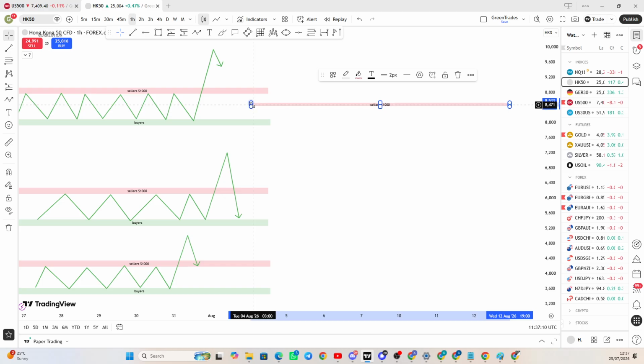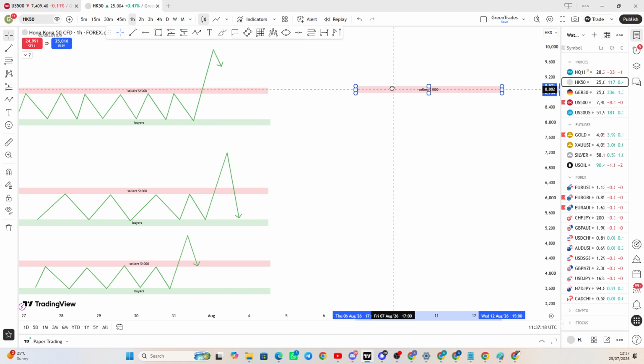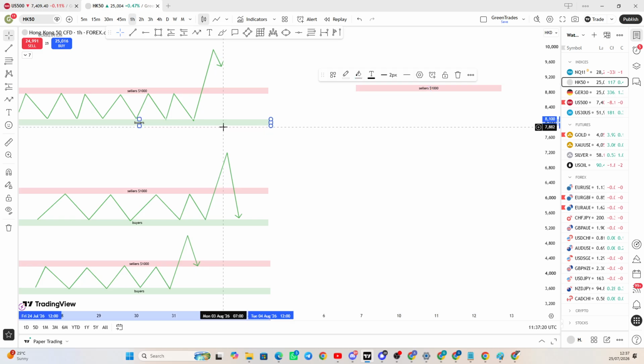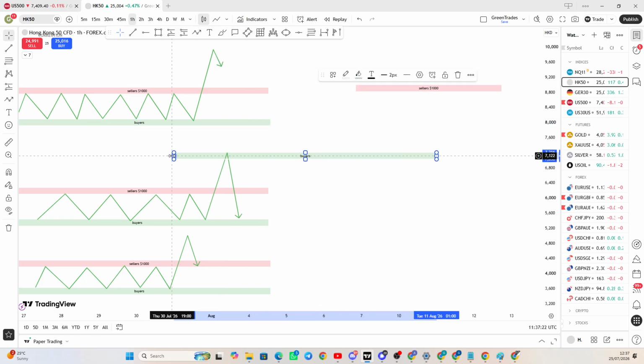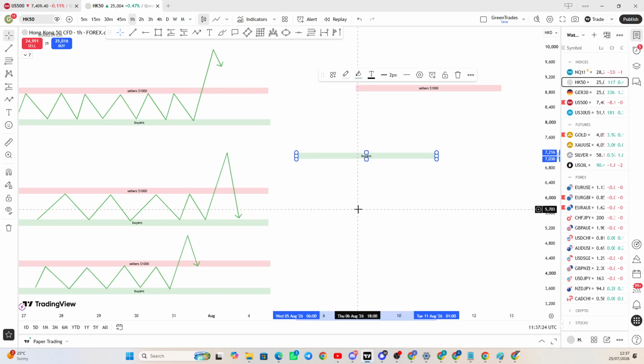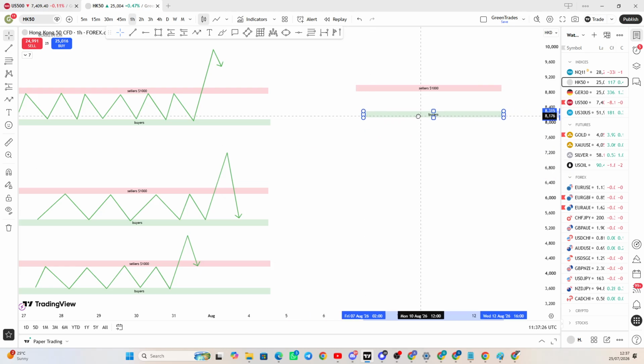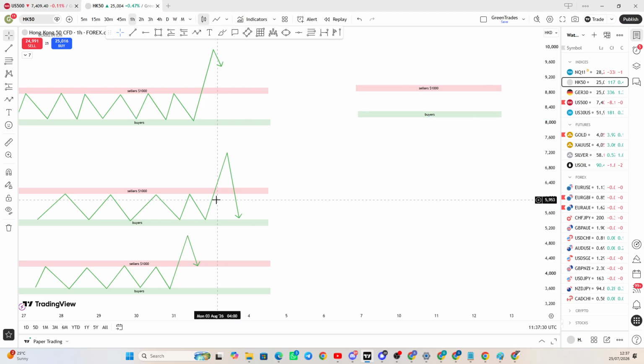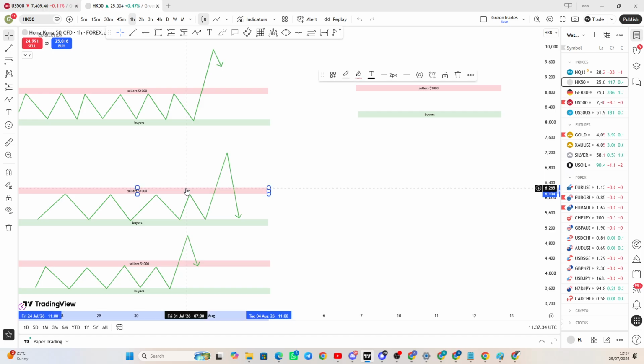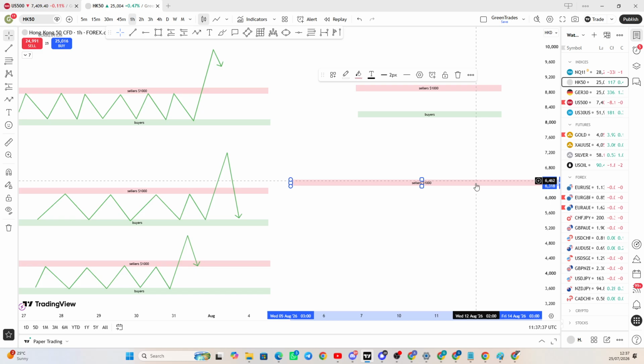Let's look at what the bearish one is going to look like.